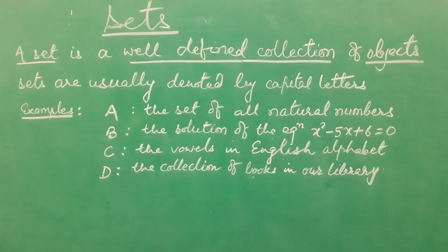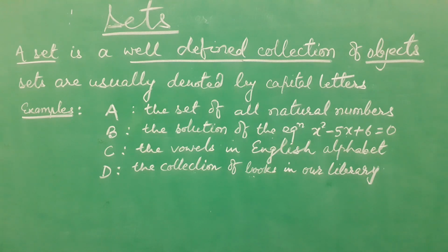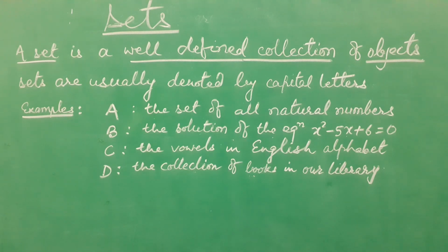But without rank, without the position, we cannot decide who will be most intelligent. Means only on fixing the criteria, that collection will be well defined, and then that collection is known as a set.